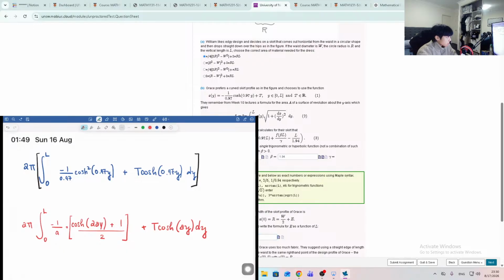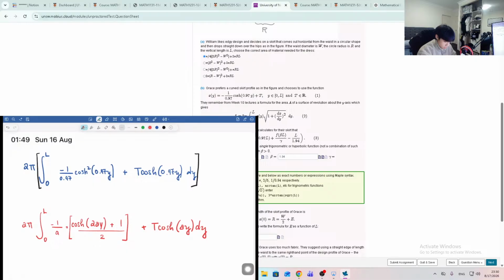It'll be a lot cleaner for us, as long as we go 2 times pi times the integral of 1 over a times cos 2a times y plus 1 all over 2. My bad. All on 2 whole squared, right?